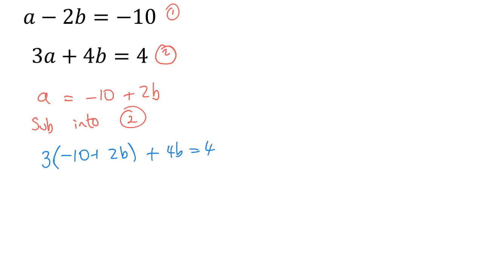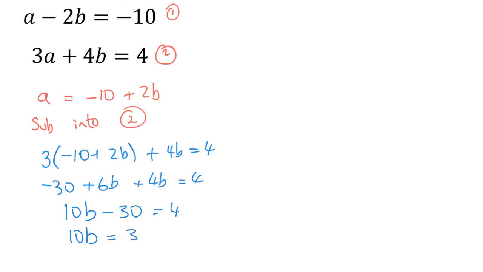If we expand out the bracket, we get minus 30 plus 6b plus 4b equals 4. So that's 10b, take away 30 equals 4. So 10b equals 34. So b is 3.4. We can sub that into the second equation.